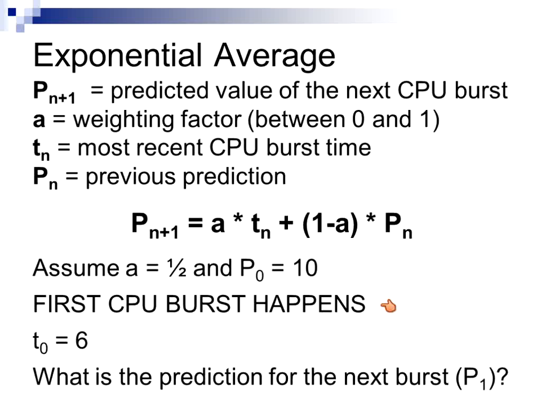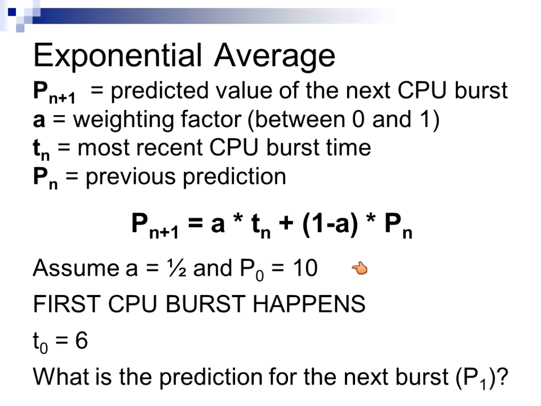Then let's assume that the first CPU burst actually happened. Okay, the first process got into memory, was allocated the CPU, and the amount of time it took was 6. We can use this information now to predict the next burst, the burst for the next process, P1.